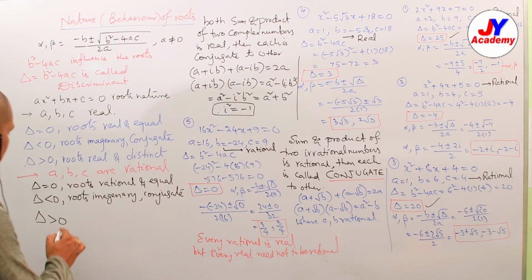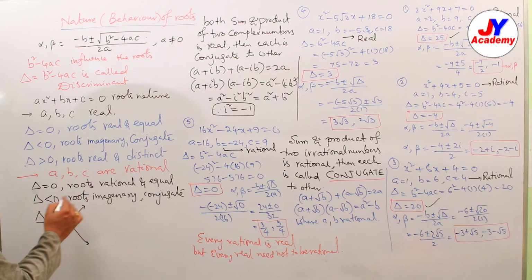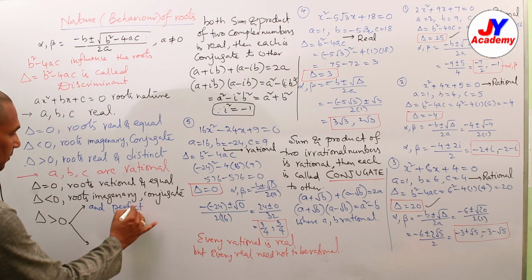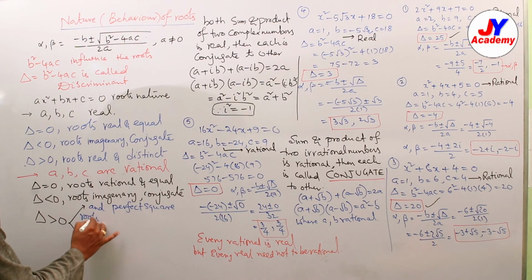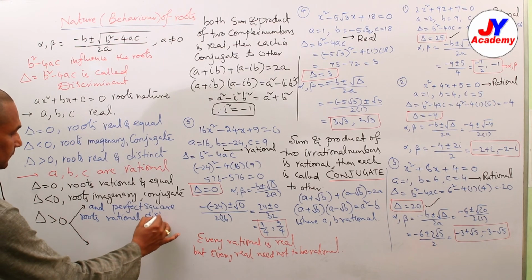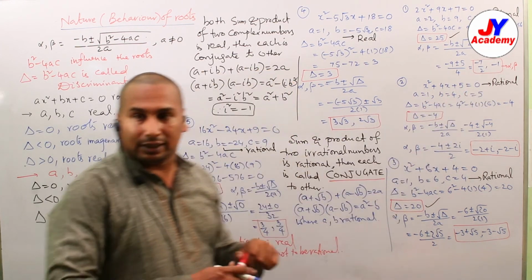So delta greater than 0 splits into two cases. What are the two cases? Delta greater than 0 and a perfect square: then roots are rational and distinct. Here roots are rational and distinct.